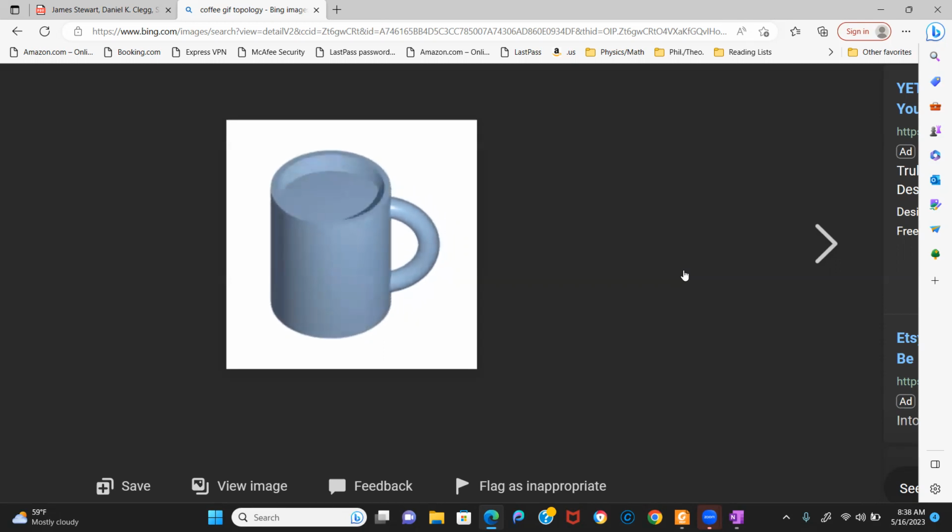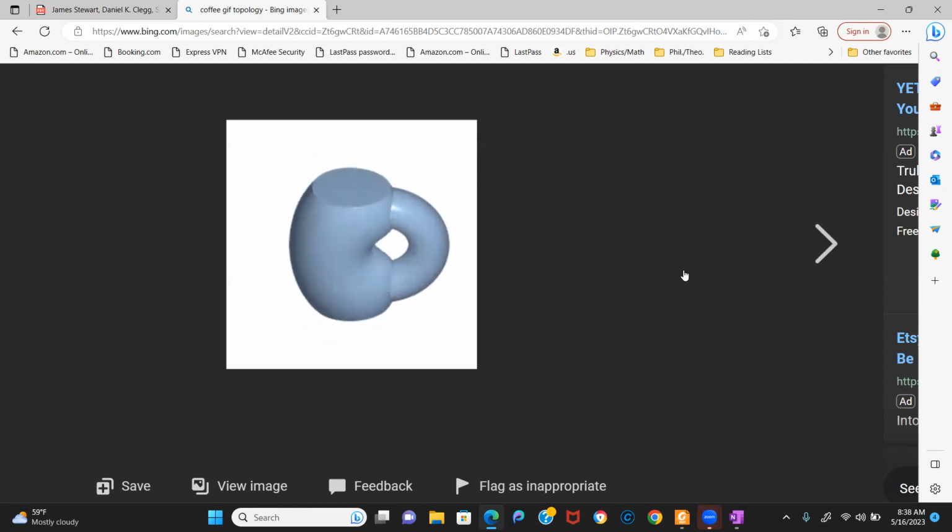So topology has lots of applications, and of course lots of applications in mathematics itself. A very interesting branch of mathematics.